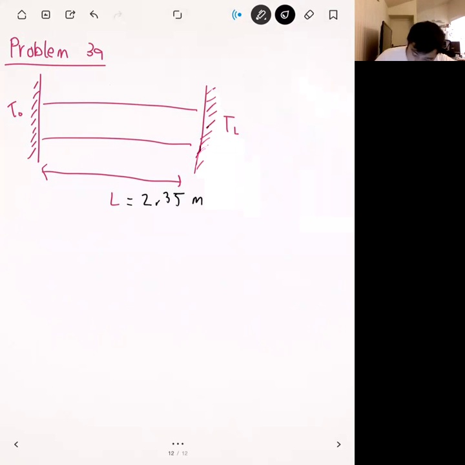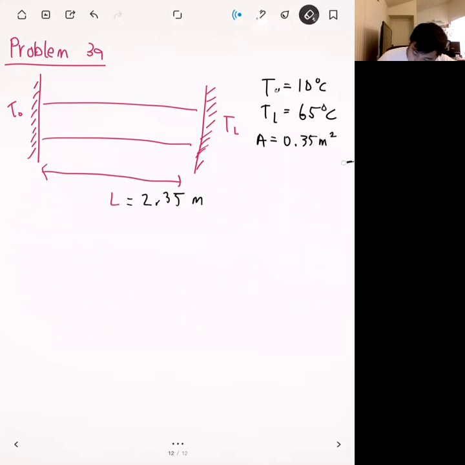The left temperature is equal to 10 degrees C, and the T at L is equal to 65 degrees C. The parameters here: the area was equal to 0.35 meters squared, and the thermal conductivity was equal to 600 watts per meter K. In 3A, I said I want you to assume that the solution is quadratic.